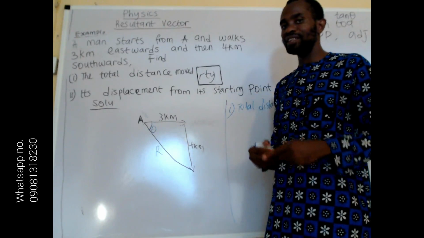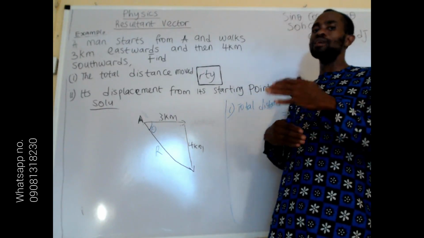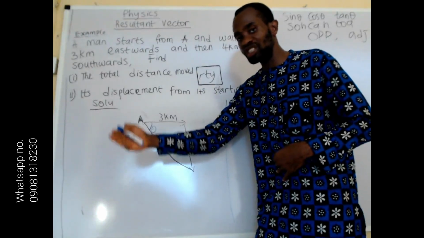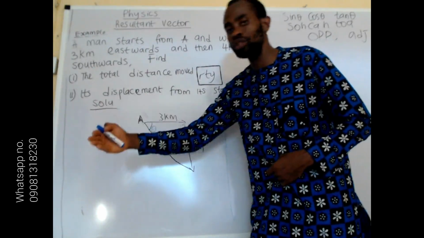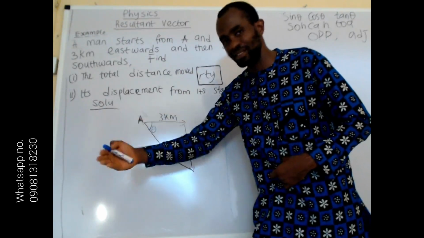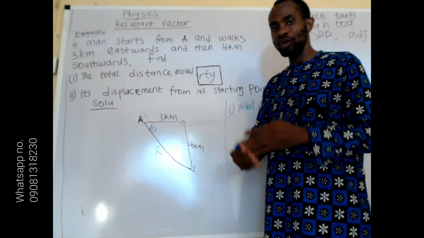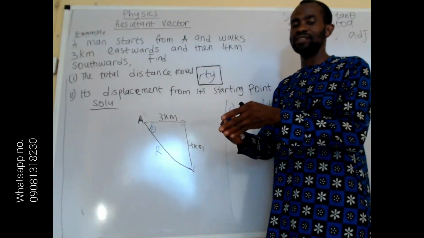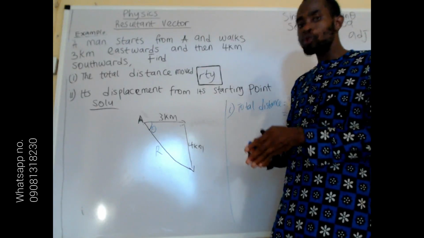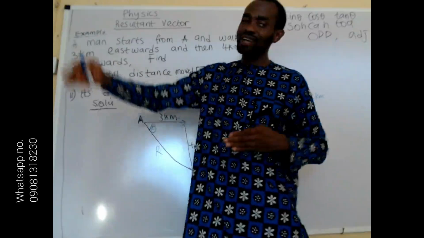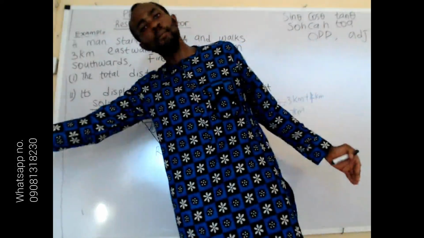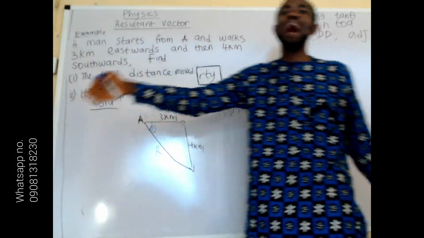Mind you, anytime somebody moves with direction, which is displacement, and ends the journey, and you are asked to find the resultant vector, or the displacement, it is the shortest distance from the initial point to the final point, irrespective of how he moves.